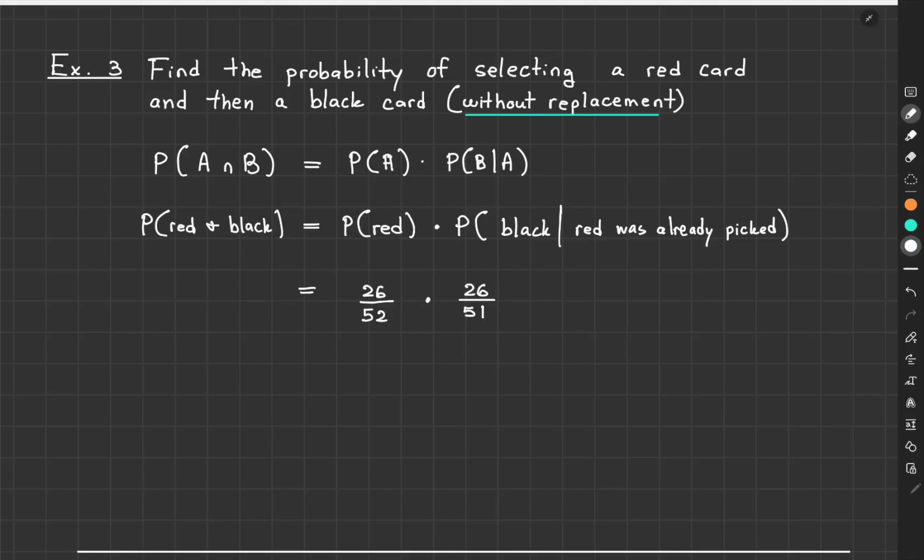If the first card we picked was a red, it's coming out of the 26 red, so now there's 25 red, but there still remain 26 black cards. So this reduces, and we'll have 13 out of 51, which is approximately 25.5%.